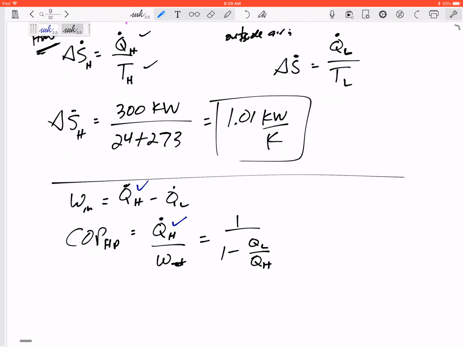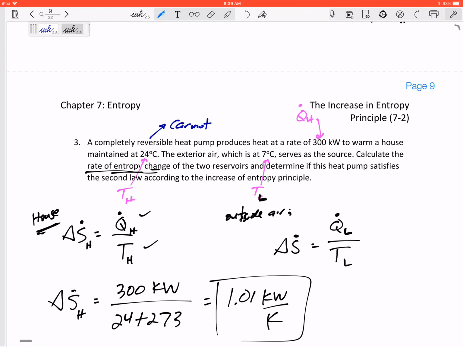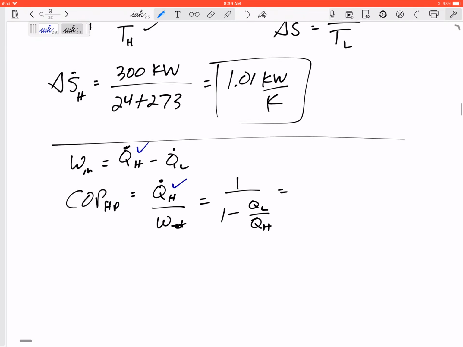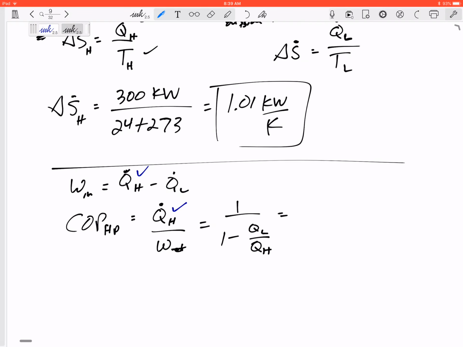I think I'm going a roundabout way to get this, because we know that this was a Carnot heat pump, and so for a Carnot heat pump, the coefficient of performance is also 1 over 1 minus TL over TH.